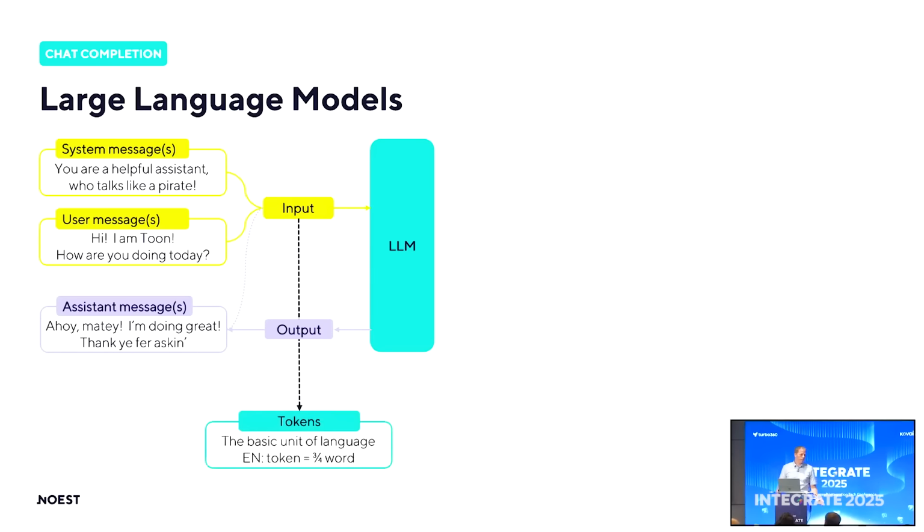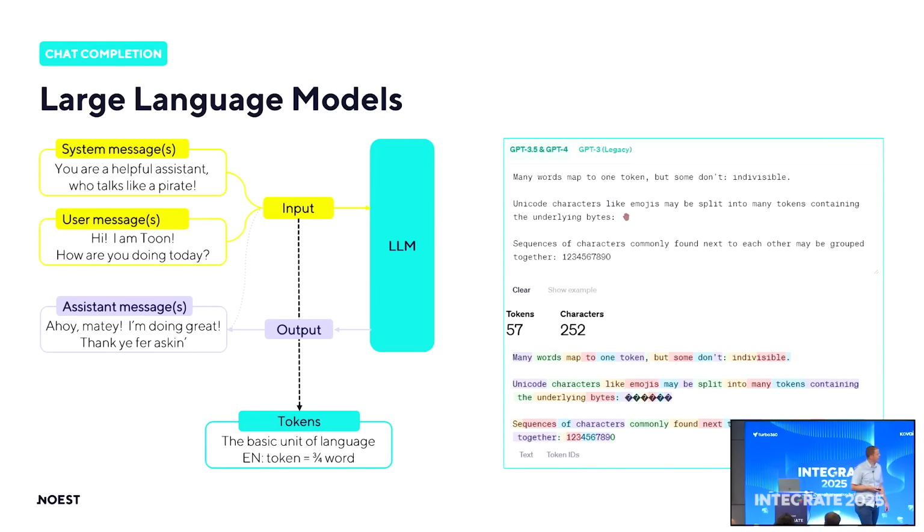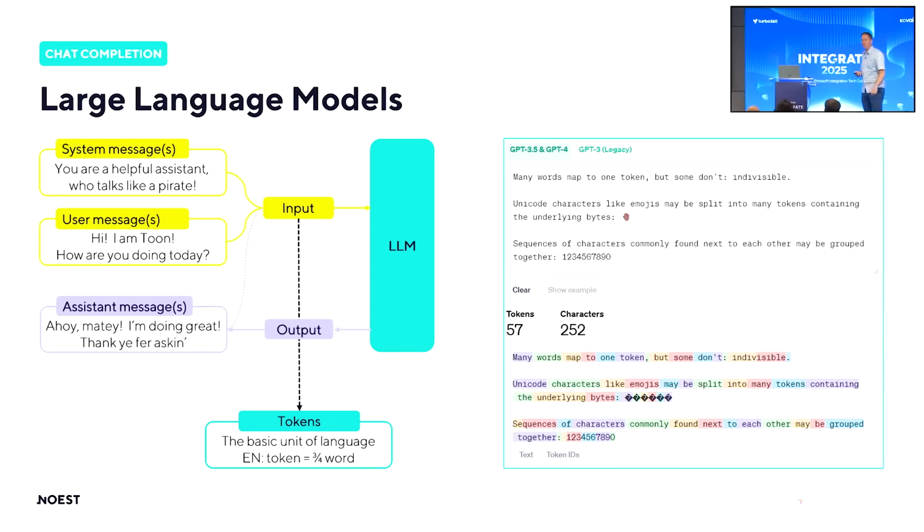Input and output is expressed in tokens. It's the unit of language for large language models. And here you see how words are actually split into tokens. Typically, small words map into a single token, and longer words are split. One recommendation here: do not make extensive use of GUIDs in your prompts, definitely if you automatically generate prompts, because they consume a lot of tokens.